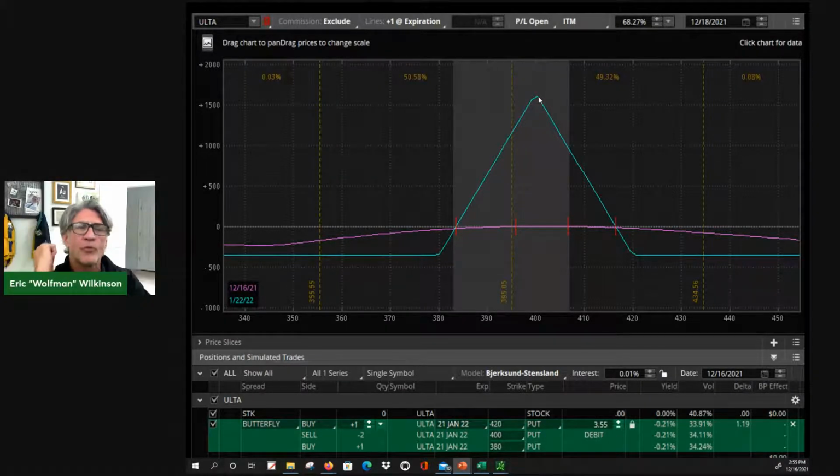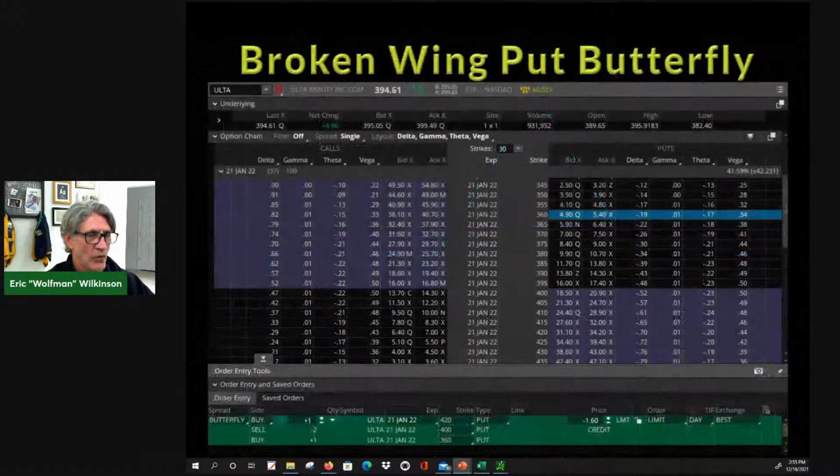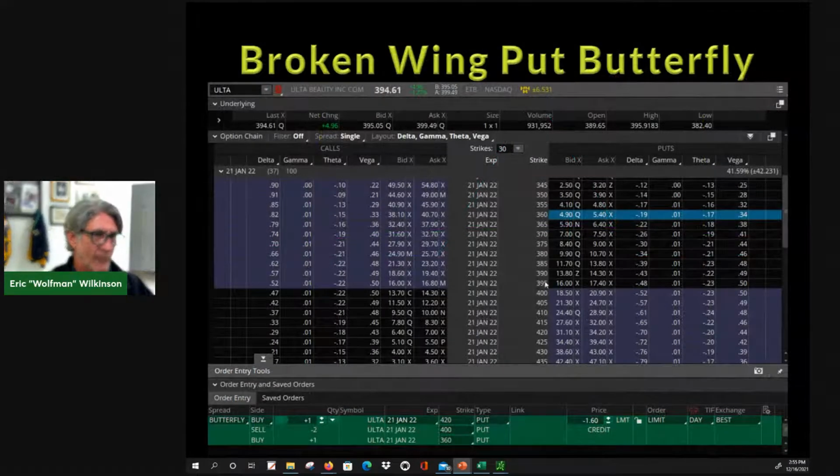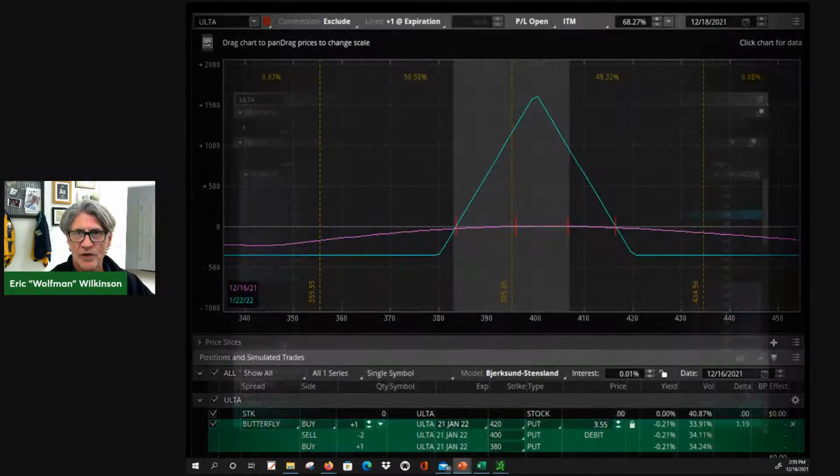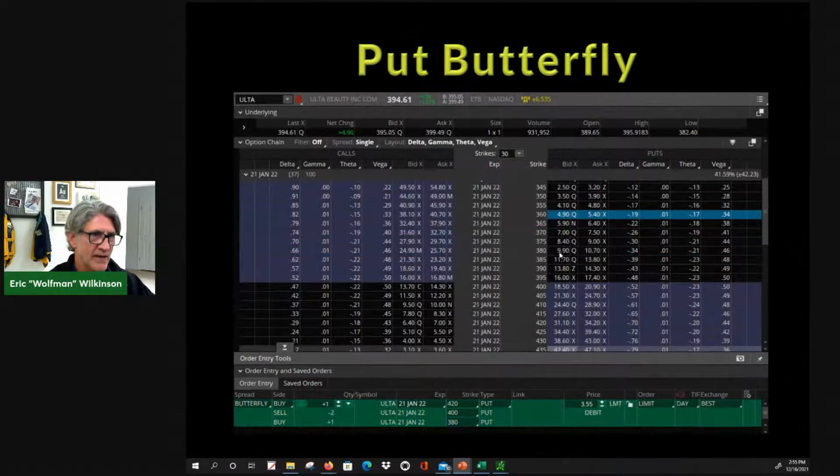Now, what happens when I break that wing? I sell that 380 put to get rid of that defined risk, and then go down and sell the 360 put. That's what gets us that credit. So when we walk through this, you can see now I broke it from the 380, which was two ago, right? This was the 380 that we had.